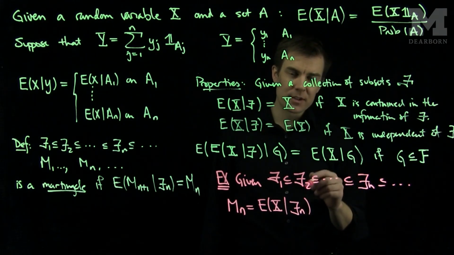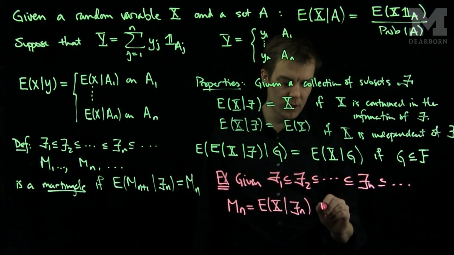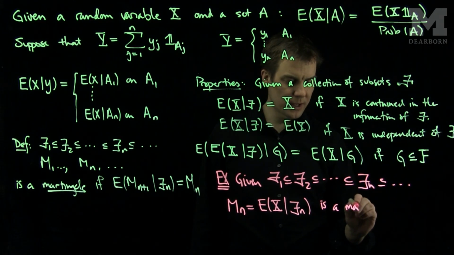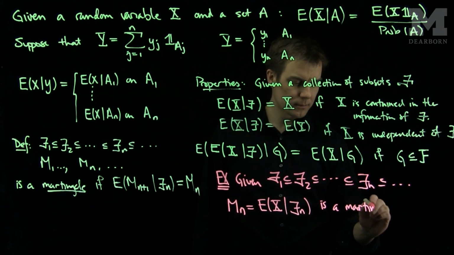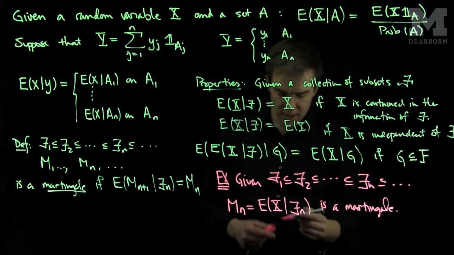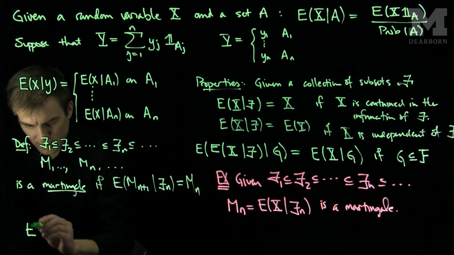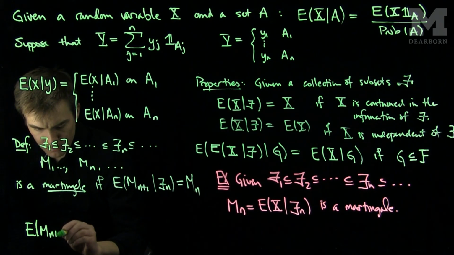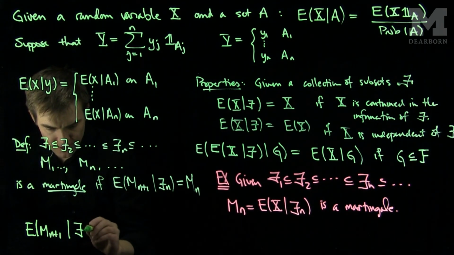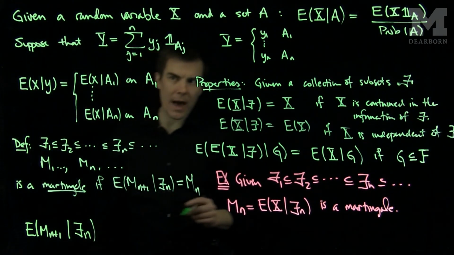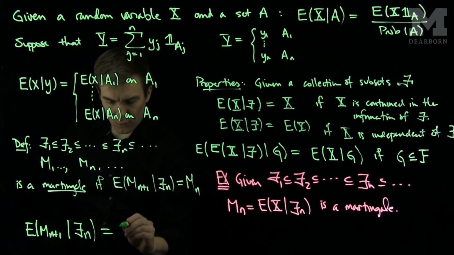I claim that this random variable is a martingale sequence. What we need to verify is that the conditional expectation of Mn plus 1 given Fn is equal to Mn.